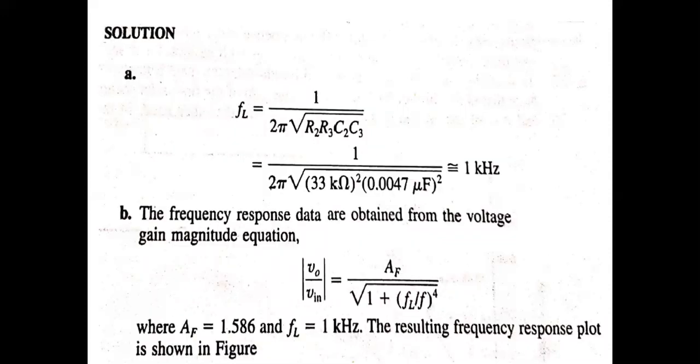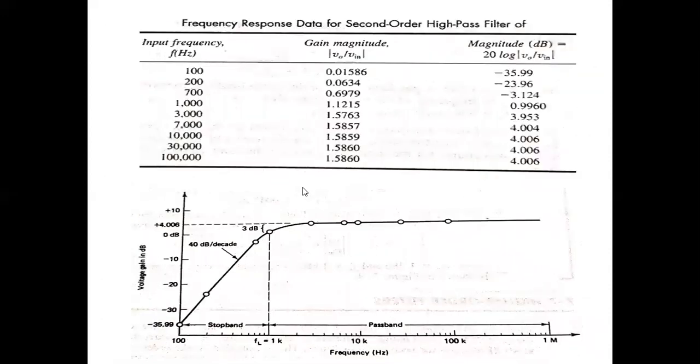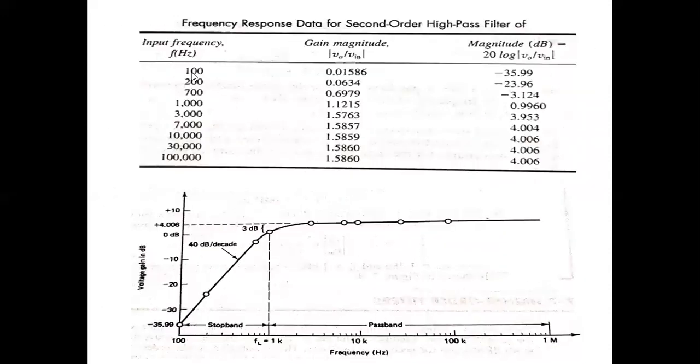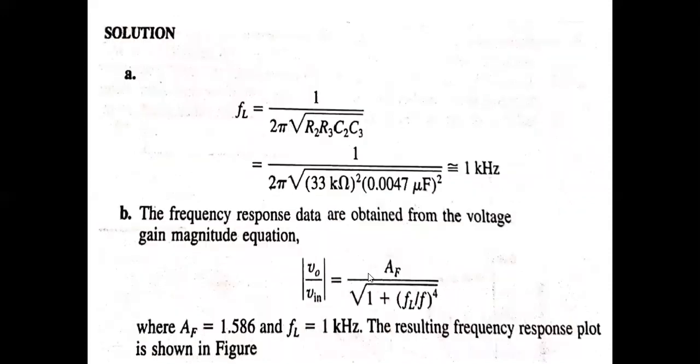Once again the gain for the second order high pass filter is also 1.586, and just now we have calculated the cutoff frequency for this filter as 1 kilohertz, and the resulting frequency response plot should be like this. Okay, once again using this equation, calculate the values for different frequencies, where FL is the cutoff frequency and F is the input frequency.